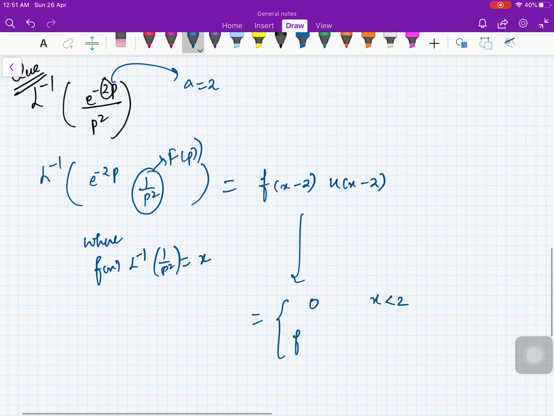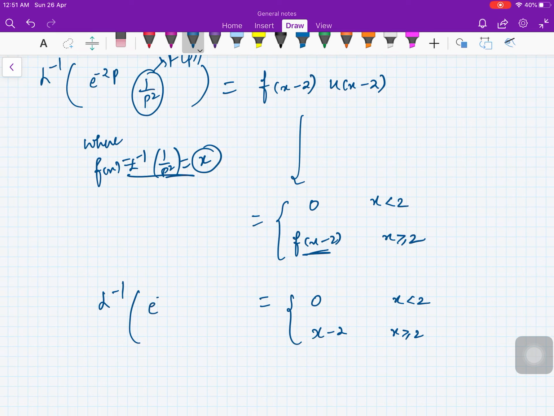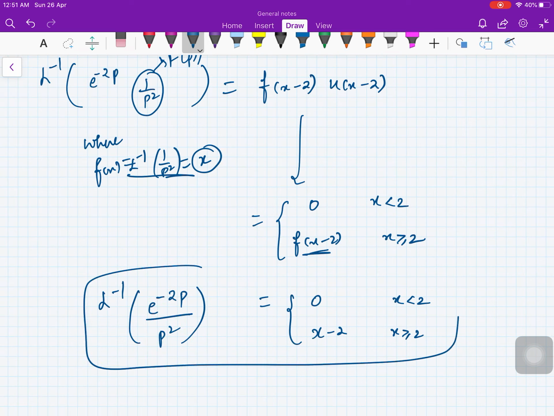So this is equal to 0 for x less than 2, and f of x minus 2 for x greater than or equal to 2. Now your f of x is x, so f of x minus 2 will be x minus 2. So it is x minus 2 for x greater than or equal to 2, and for x less than 2 it is 0. This is the Laplace inverse of e raised to minus 2p upon p square.